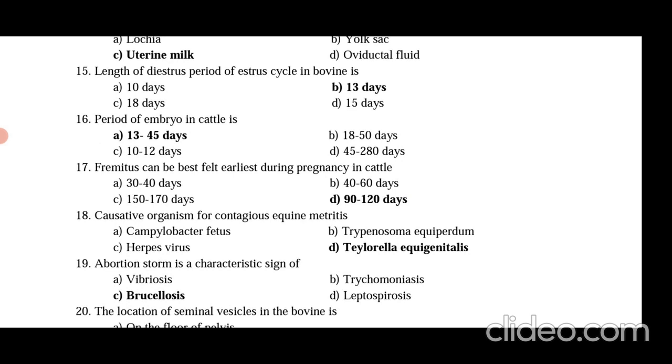Fremitus can be felt earliest during pregnancy in cattle at 90 to 120 days, 3 to 4 months.